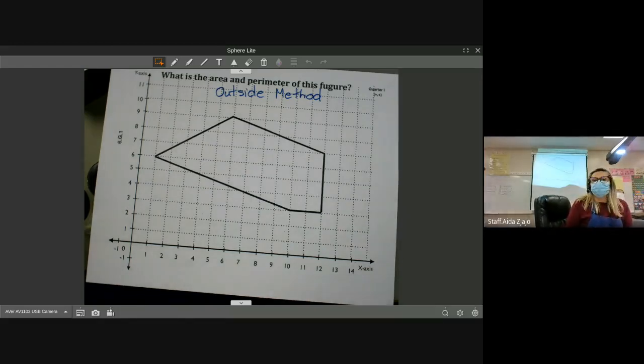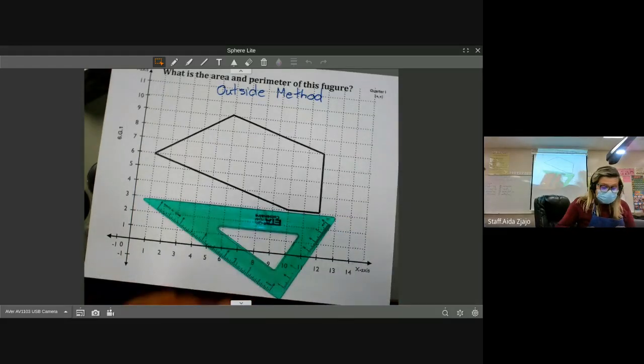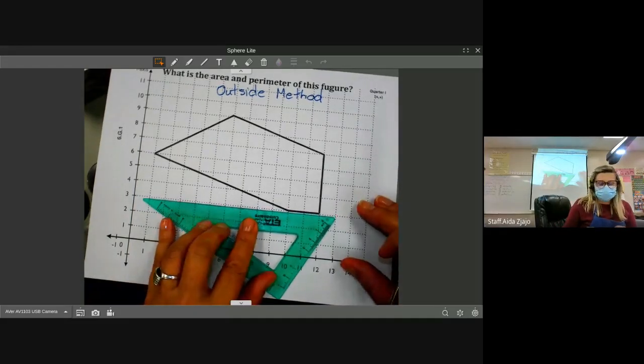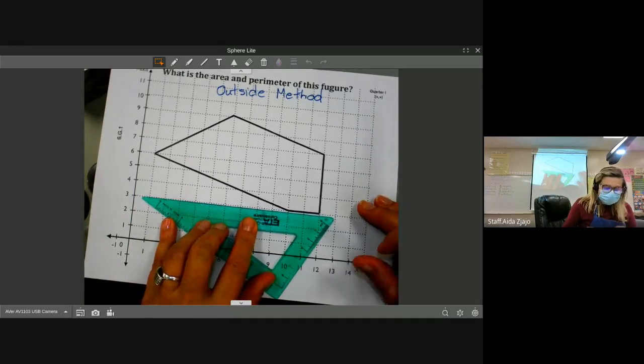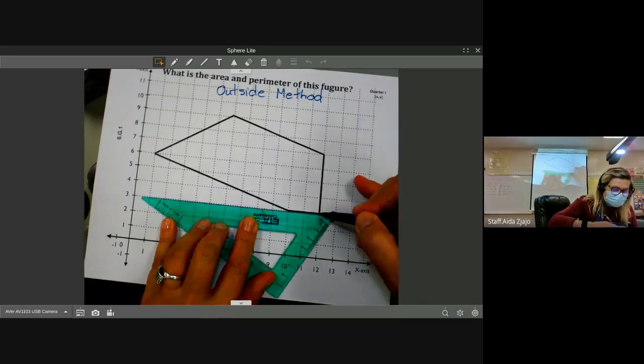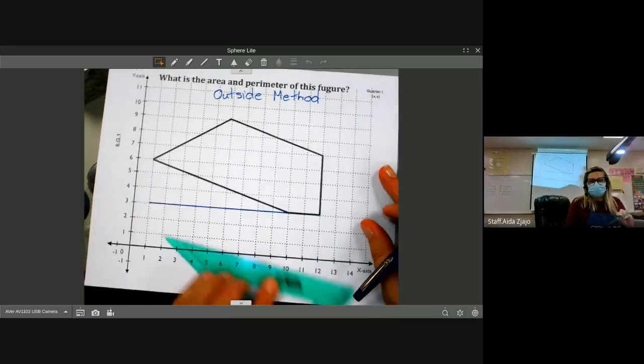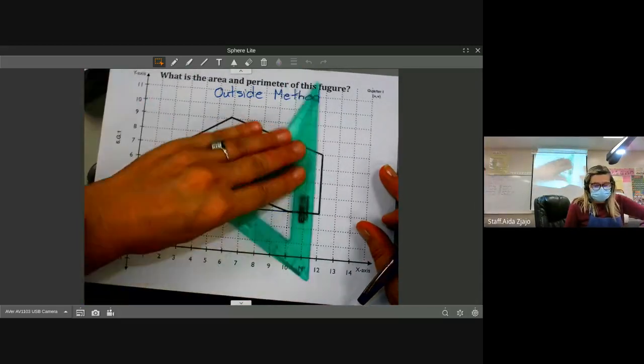So what I'm thinking about the outside method is that when Lanisha says length times width, she was recalling our regular rectangle. So what outside means is, if I take my ruler, I make a whole big rectangle around my shape.